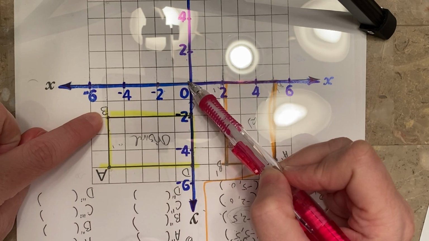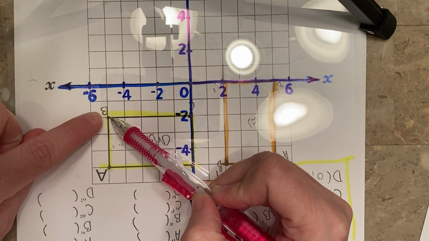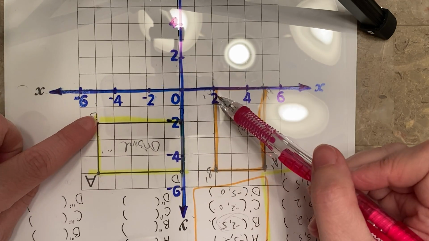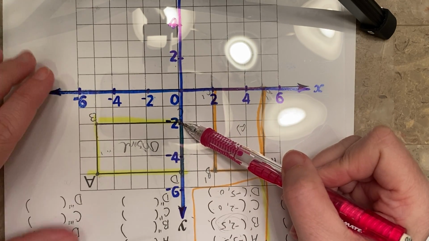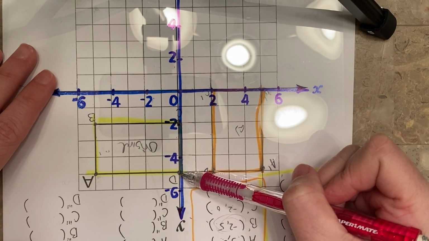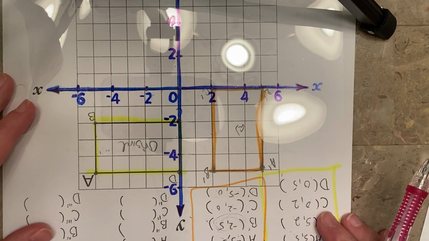Let's go to B double prime. That's negative 5, negative 2. Now we're going to go to C prime, C, which is right there. C double prime is 2 down. So that's negative 2, 0. And D is right there. That's negative 5, 0.